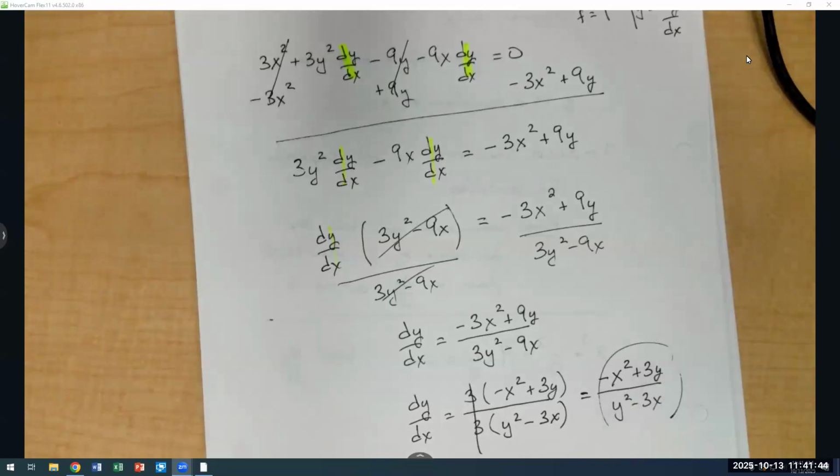That's my derivative. You cannot forget to always simplify your equations. Right?